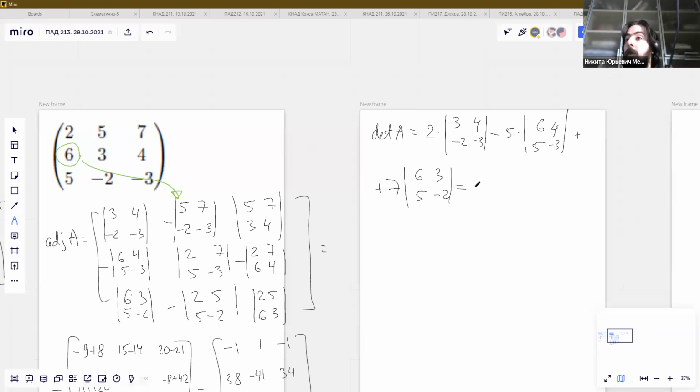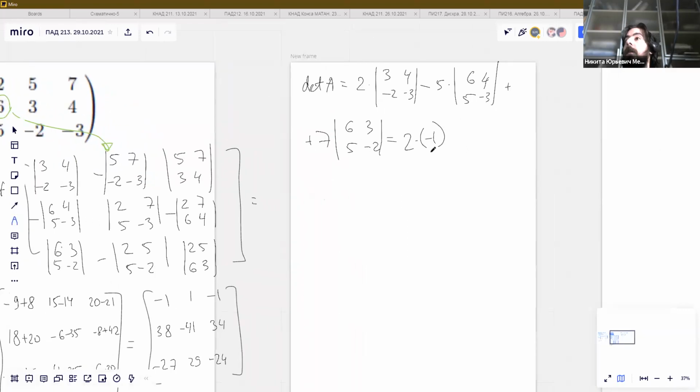So I obtain the following: 2 times minus 1 from this cell, then this determinant. So I go through the first row, but this matrix is transposed, so it is the first column. Next one is plus 5 times 38 and plus 7 times minus 27.